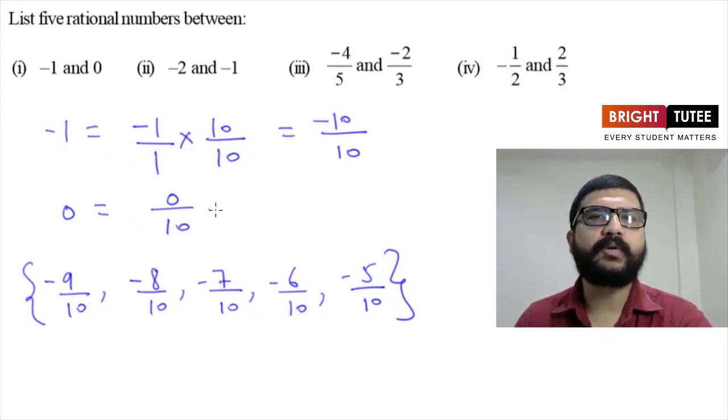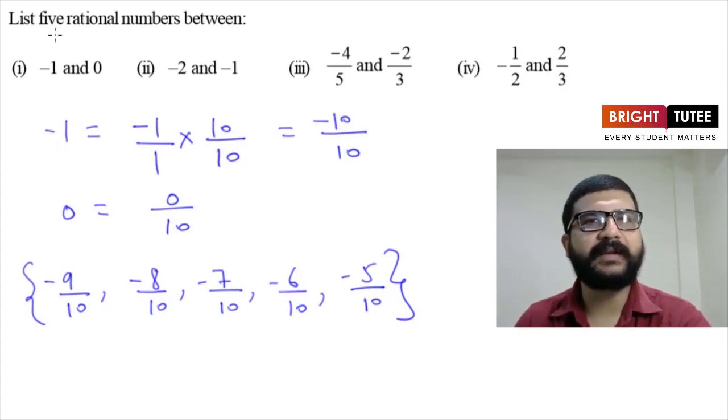Similarly, we can find many more rational numbers between these two numbers. So here we have multiplied it with 10 upon 10. We could have multiplied it with 100 upon 100. This will give us more rational numbers. But here in this question we just have to find 5 rational numbers. But in actual there are unlimited rational numbers between any two rational numbers.